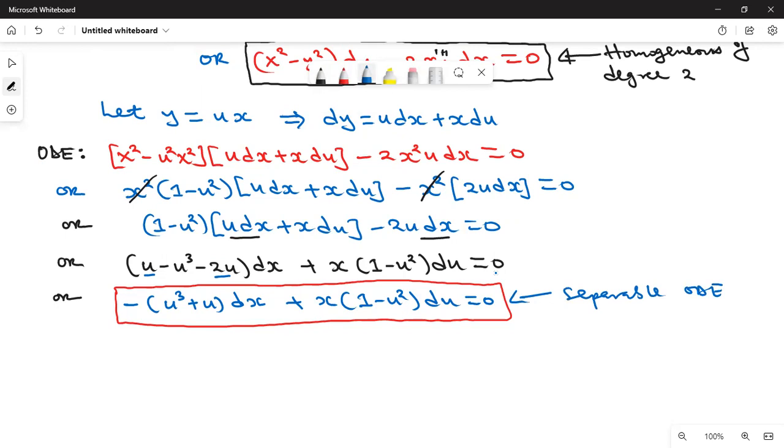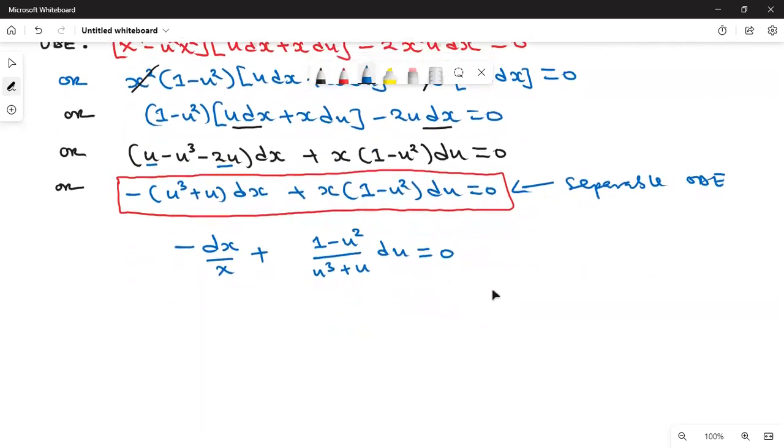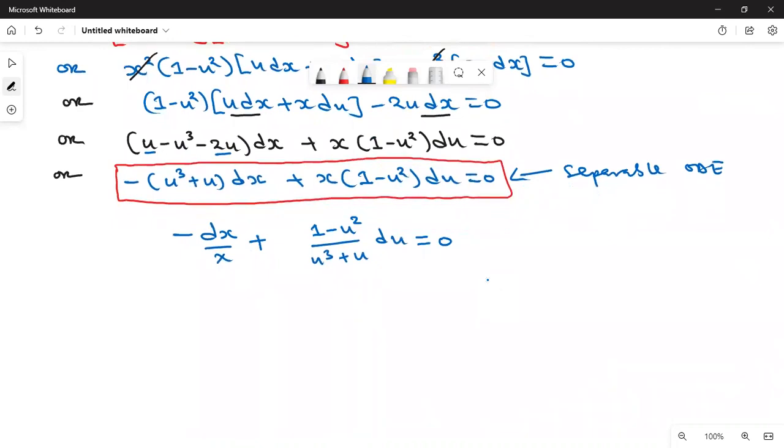If I separate the variables, I'm going to have negative dx over x plus 1 minus u squared over u cubed plus u du is equal to 0. So we can now integrate both sides.